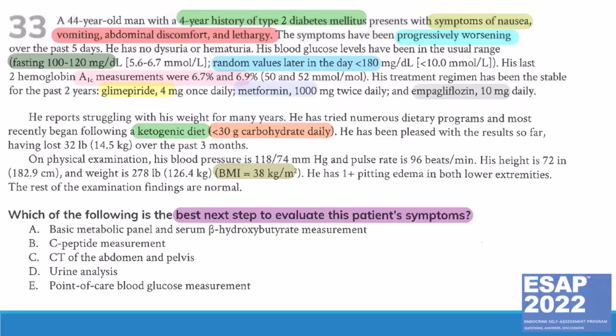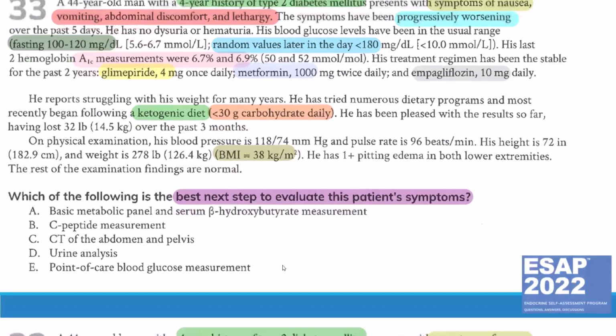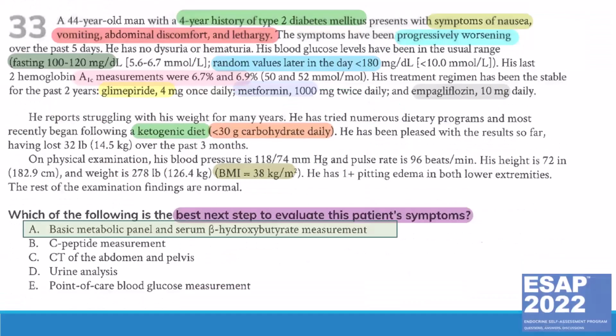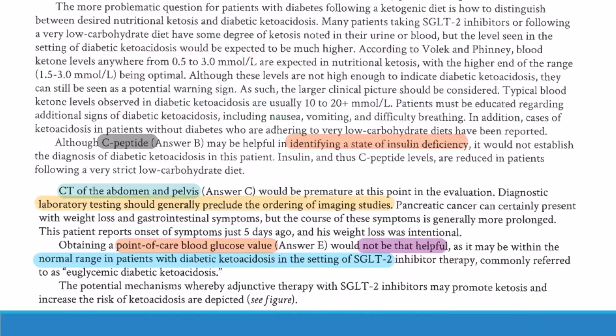Euglycemic DKA? Yes, this is the typical presentation of euglycemic DKA, so we should exclude it by measuring beta-hydroxybutyric acid and a basic metabolic panel. Don't forget that this is essential to exclude DKA in every patient receiving an SGLT2 inhibitor and presenting with manifestations like abdominal pain, colic, and so on. Don't forget this: euglycemic DKA.